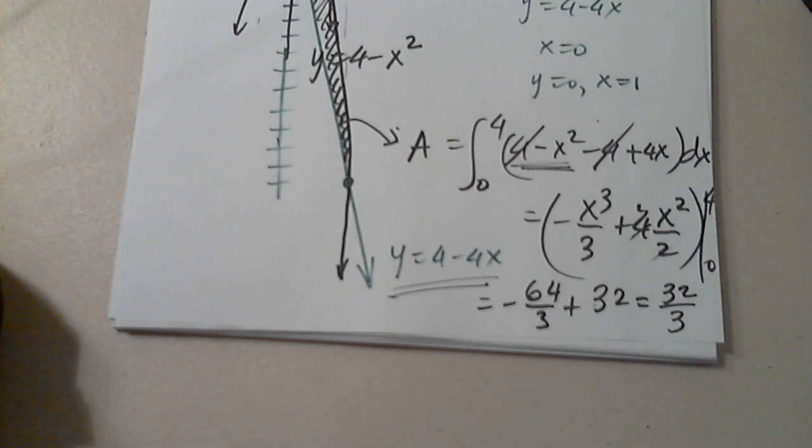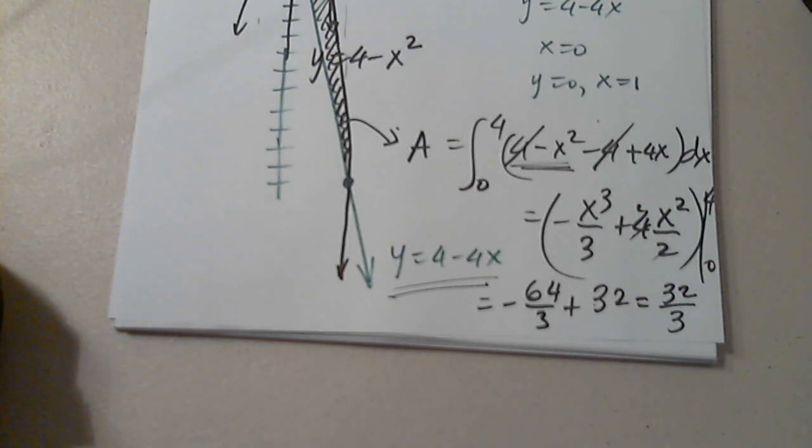So x, of course, negative 4. Okay, here it's coming, yes. So this is the area in question, from x equals 0 to x equals 4, from above, which is 4 minus x squared, minus below, which is 4 minus 4x.